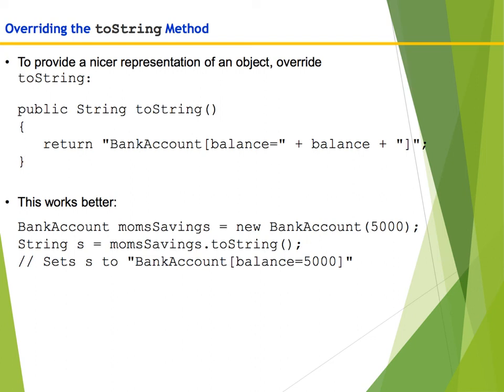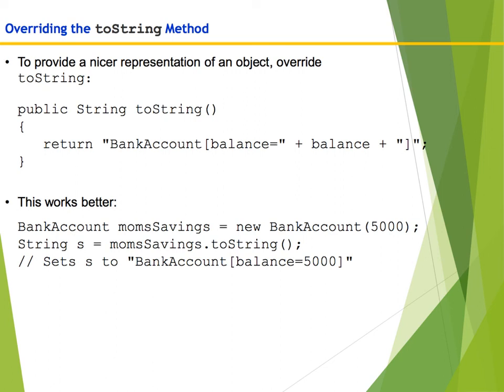And inside braces, you simply write return "BankAccount balance=" plus the actual balance of the bank account. So this way, when you call the toString method for a bank account, it writes the bank account and the balance that bank account has.